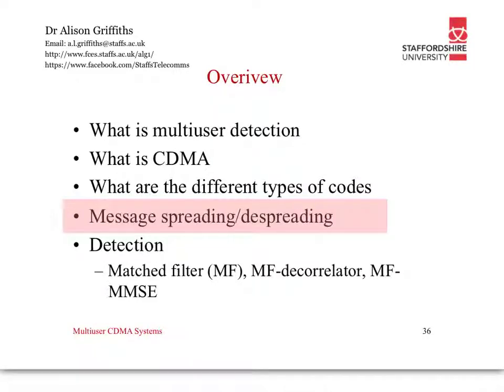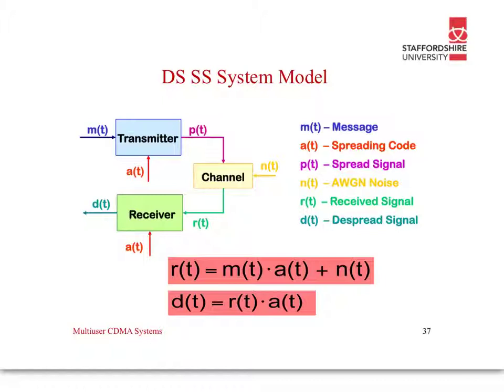Okay, an example of how we spread and despread messages. If we go back to our system model, we have the message M of t, then we spread the message at the transmitter with A of t, and we have P of t coming out. Then at the channel, we add noise to P of t and also possibly other users.